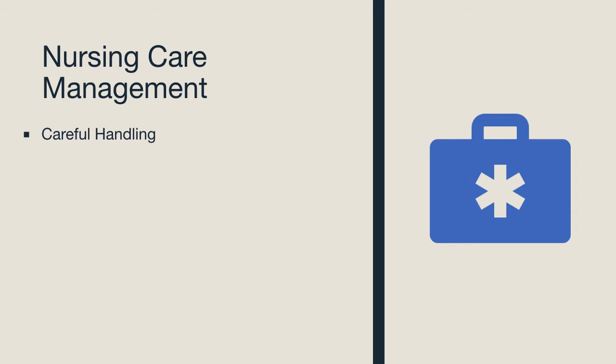So when we change diapers or do position changes with these babies, we make sure that we have good support under the buttocks and the shoulders, and we're not going to do anything that might cause pulling of the extremities.